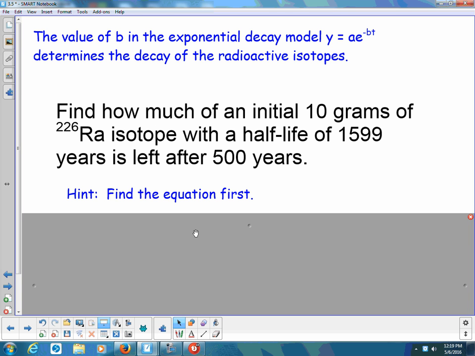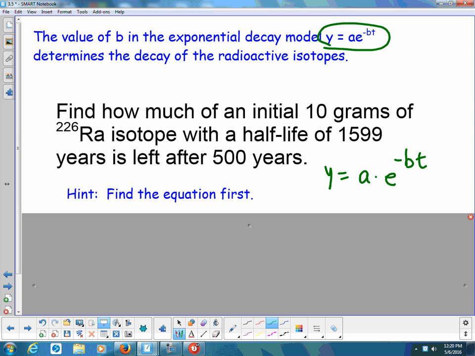Should we set up an XY chart or no? Well, before we think about that, can we remind ourselves about the exponential decay model? So that looks like this: y equals a times e to the negative bt.